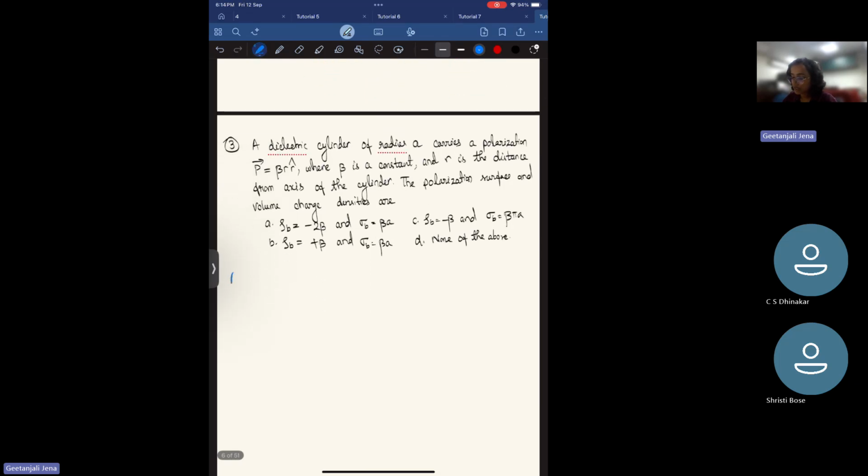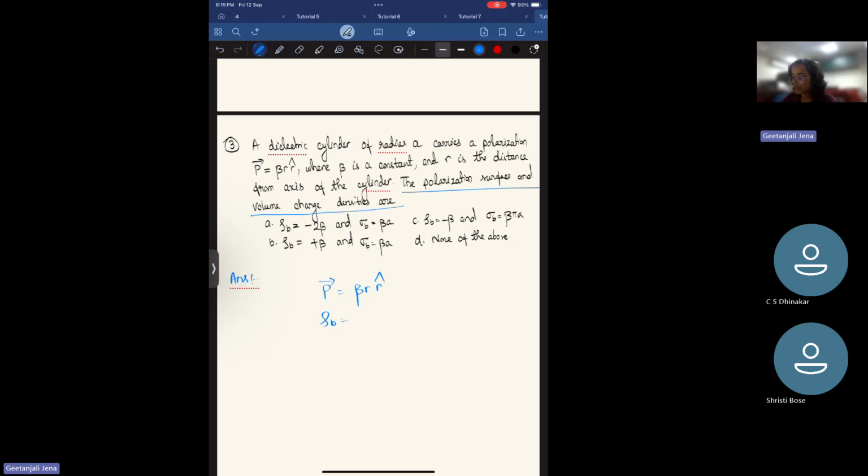Okay, let us move to question number 3. Similar to question number 2, but here you need to calculate the volume charge density as well as the surface charge density. There is a dielectric cylinder of radius A which has a polarization P given by beta R cap. Beta is a constant, R is the distance from the axis of the cylinder, and you need to calculate the surface charge density and the volume charge density.